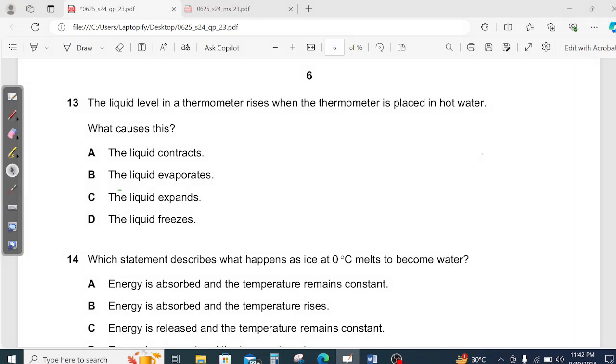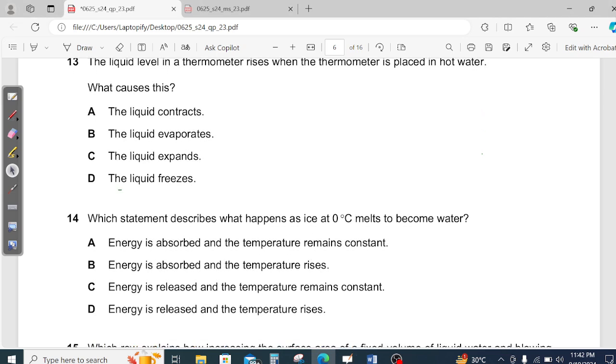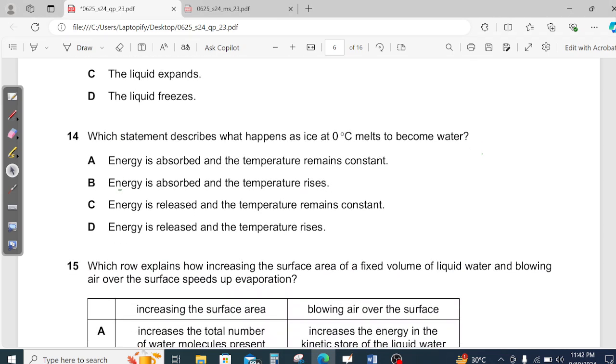Question number 14: which statement describes what happens as ice at 0 degrees Celsius melts to become water? Remember, one key point here: when anything is melting, the temperature remains at its melting point until the whole object has melted.